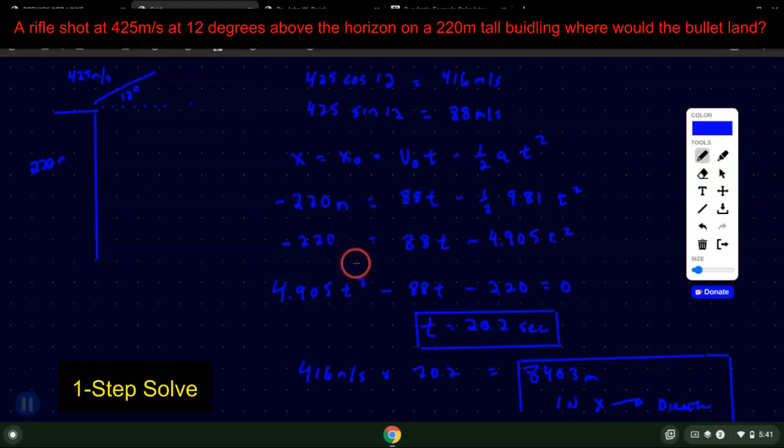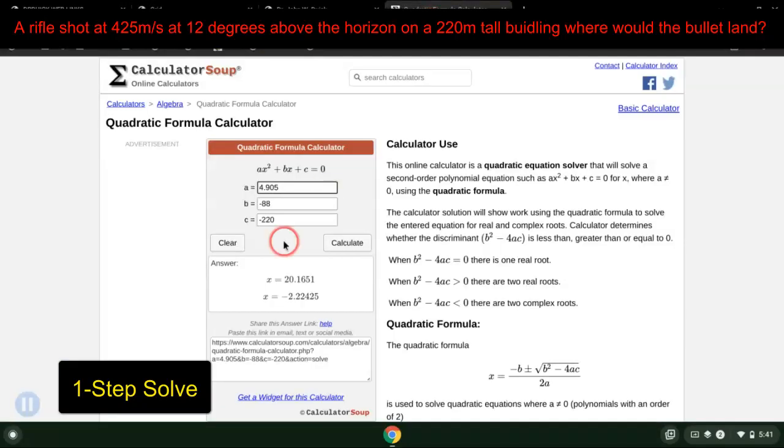So it ends up being negative 220, 88t, negative 4.905 t squared. And then I'm going to move this guy over to the other side because you're making a quadratic equation. You want him positive. So 4.905 t squared minus 88t, because he's got to come over too, minus 220. And then boom, stick in my calculator, 4.905, and it comes up 20.16, right?